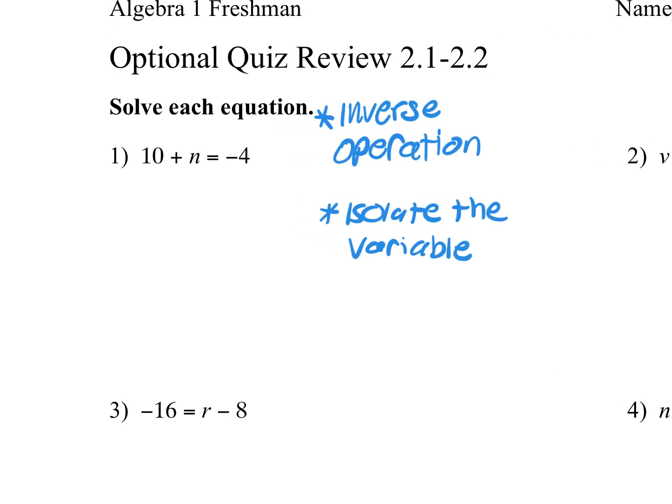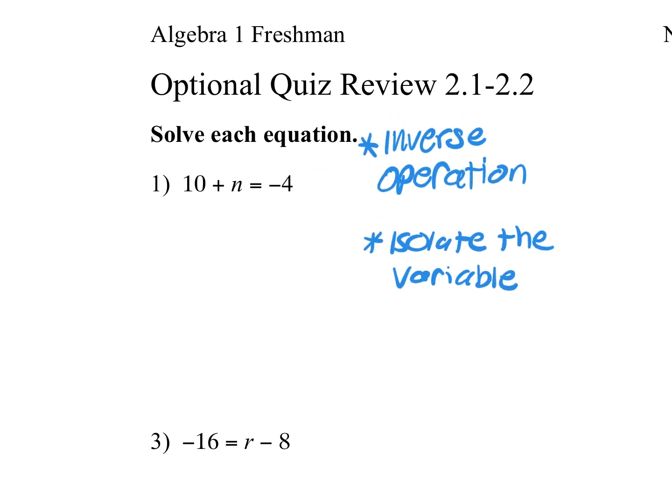This first one, I have 10 plus n equals -4. The variable that you want to isolate here is the n. To isolate your n, you have to see on this side of the equal sign what's around this n. There is a 10 plus. This 10 is being added to the n, and it's a positive 10, so to get rid of a positive 10, we want to subtract.